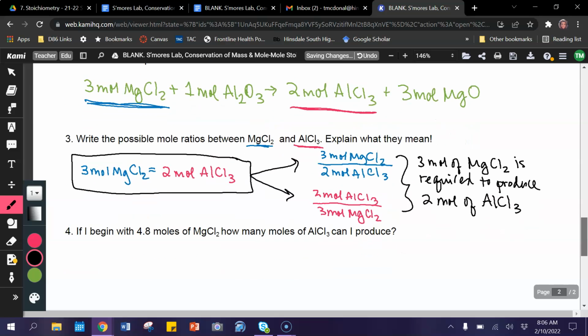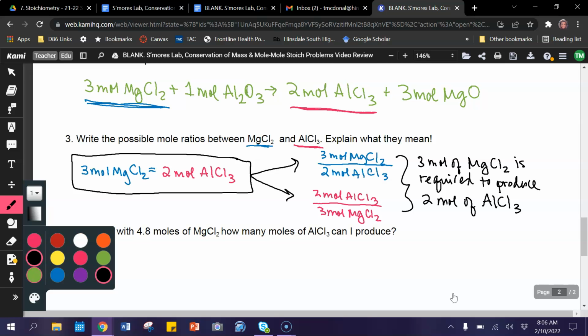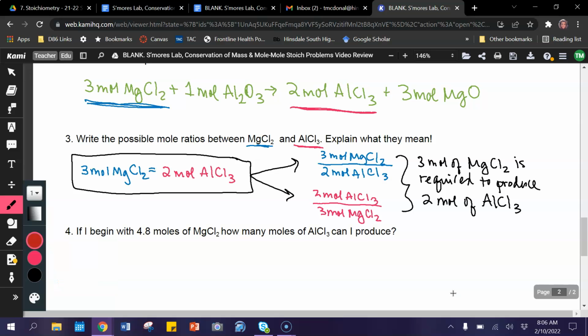Like so. Okay, these mole ratios are things that I wanted to clear up with you though, because we're going to use them in the problems. So when you're doing these problems, it helps to first identify what's given and what's wanted.